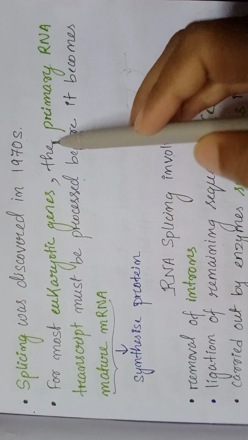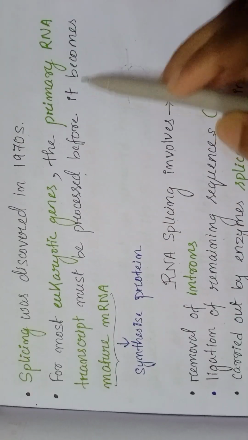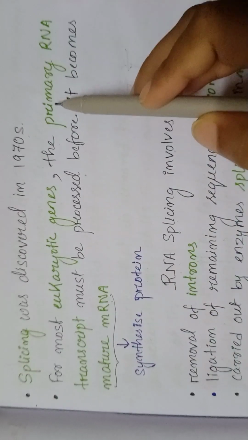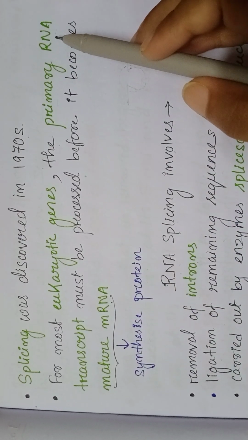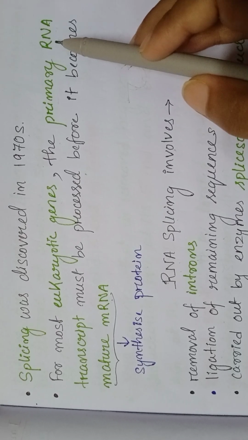Splicing was discovered in the 1970s. For most eukaryotic genes, the primary RNA transcript must be processed before it becomes mature mRNA. As we have seen, it contains both introns and exons, and it cannot code for protein.